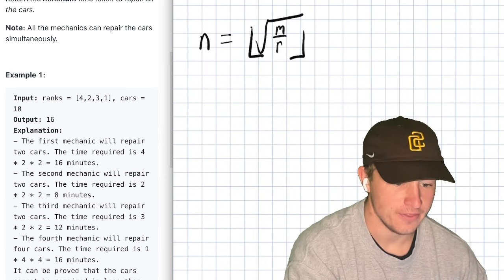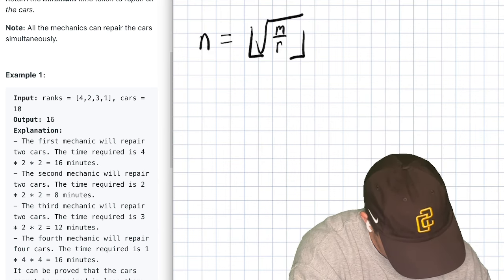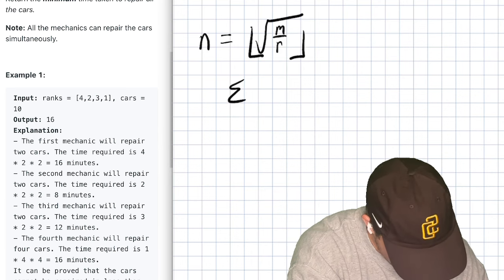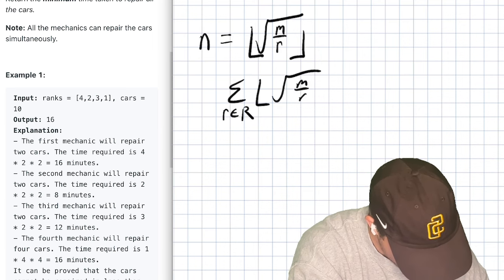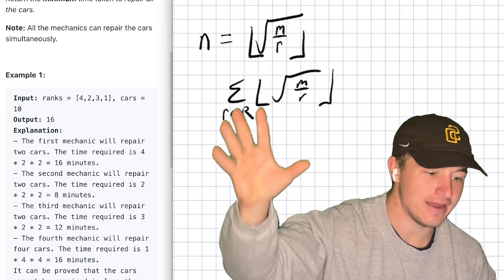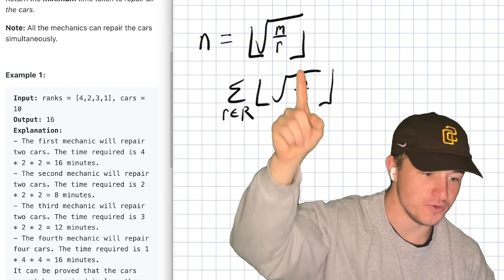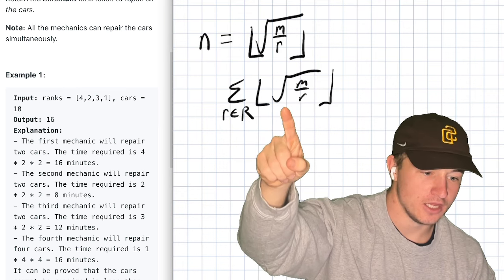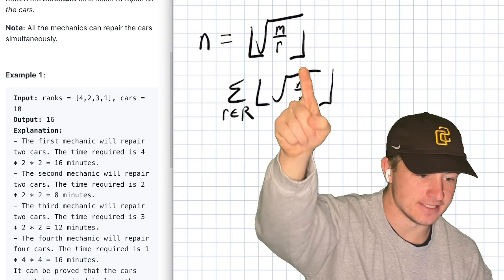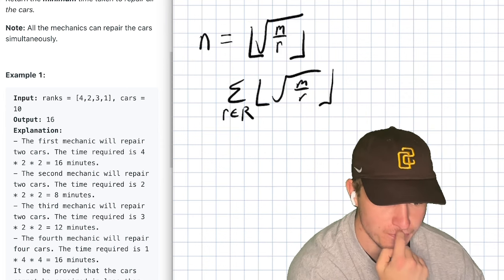So the number of cars we totally fixed is the sum, for each rank in ranks, of that. All right, so that's how you figure out how many cars you could fix for any given minute: the sum of the square root of that minute over r for all the values.